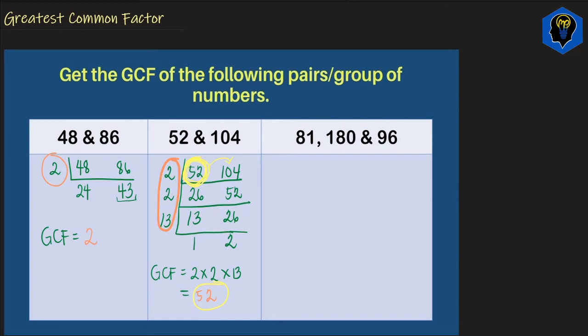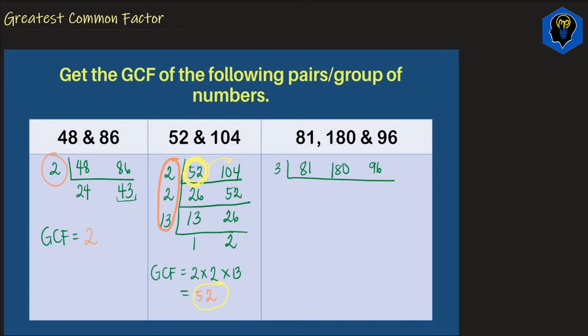Okay, for the last pair, let's proceed with the last group of numbers. We have 81, 180, and 96. So all of them are divisible by 3. Okay?